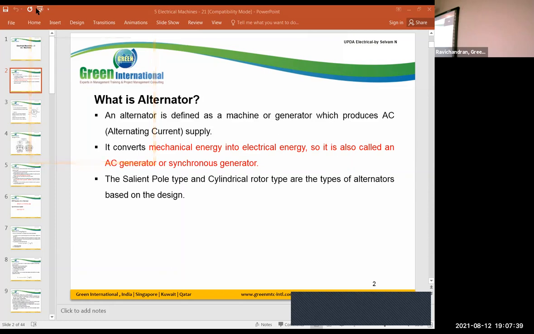Core losses are fixed losses. Copper losses are variable losses. So total losses equal copper losses plus core losses, or fixed losses and variable losses.